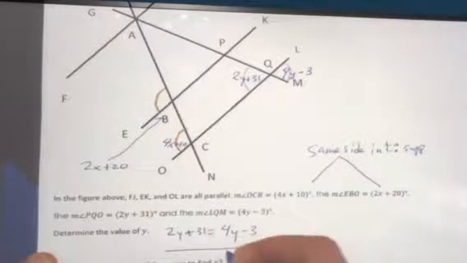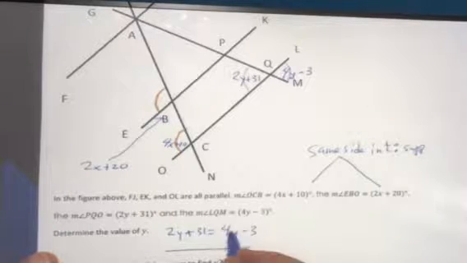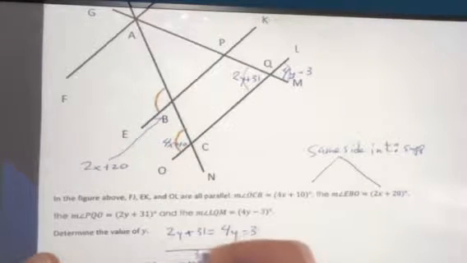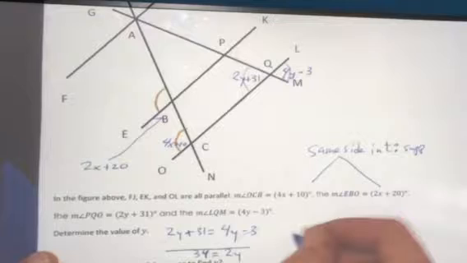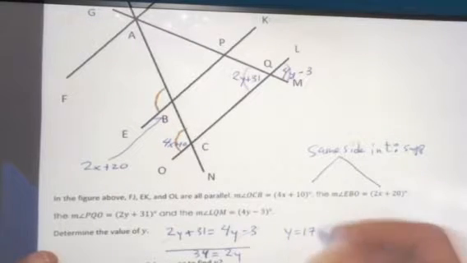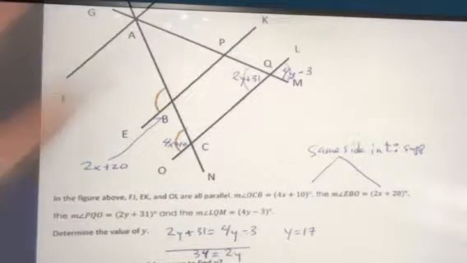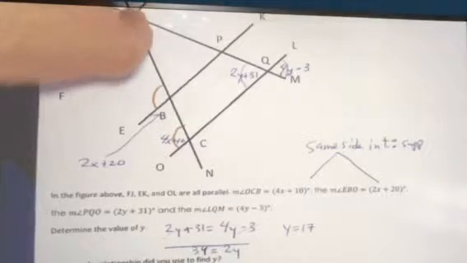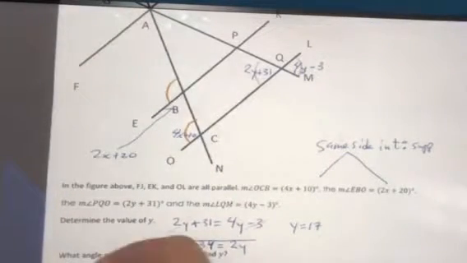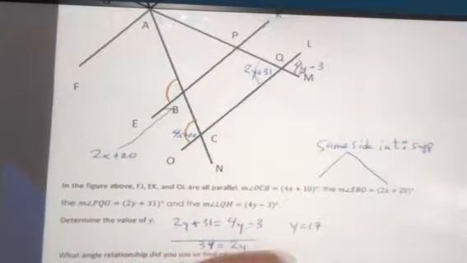And when that's done, we have 2y. 4y minus 2y is 2y. And then we're going to add 3 to both sides. And we'll have 31 plus 3 is 34. So 2y equals 34. Now we'll divide both sides by 2. We'll get y equals 17. The angle relationship that we used to find y was vertical angles, which are congruent.